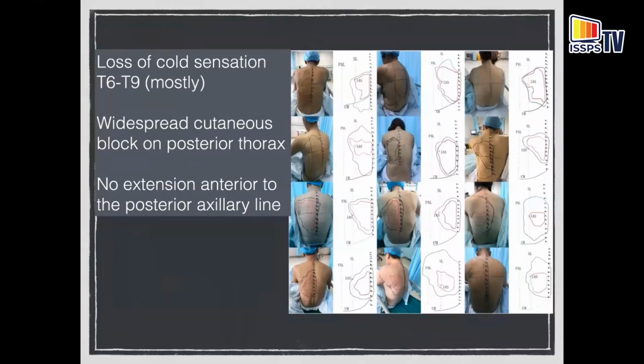Just as there's extreme variability in the anatomical studies, there's extreme variability in the results of the clinical studies. The previous clinical study mapped out extensive blockade, 9 segments involving the ventral rami. This volunteer study has much more restricted blocks of the dorsal rami.